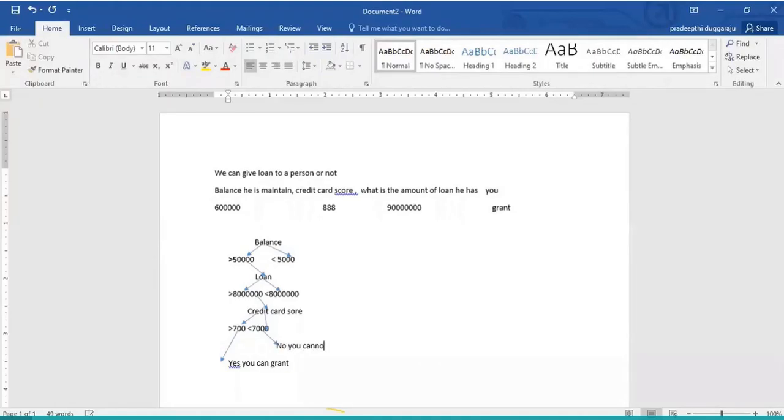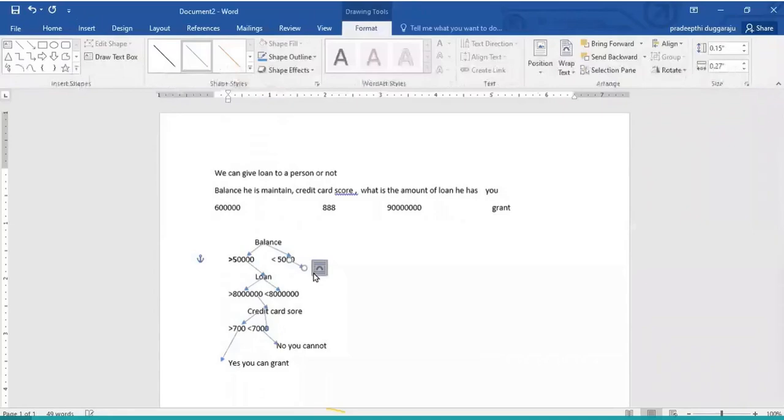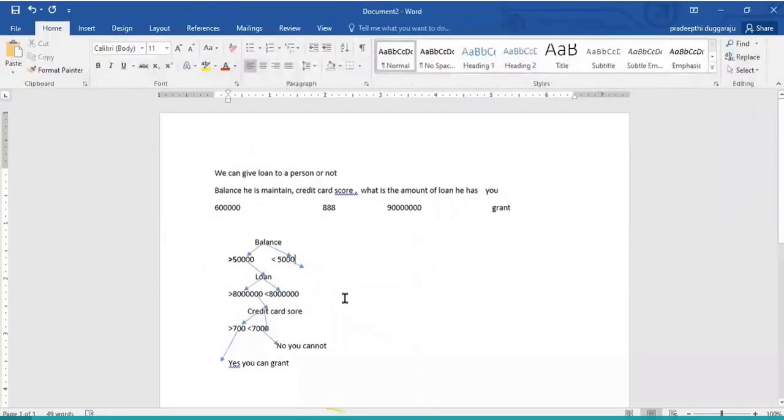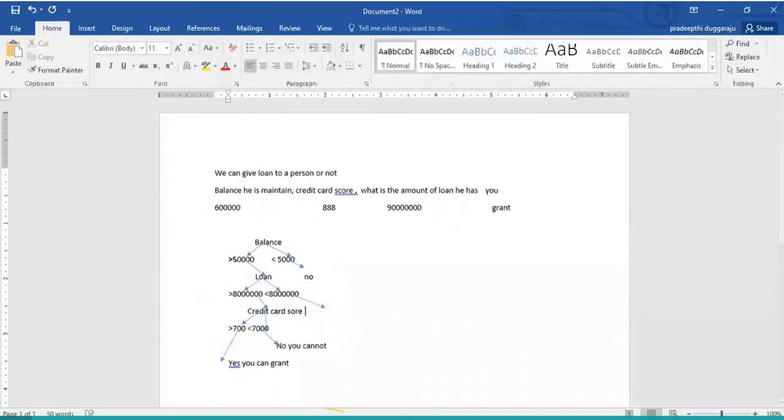So here if it is less than 500, it is no only. That is not granted. If it is less than 8 lakhs, I'm just giving some sort of decision tree, that's it. This also no.